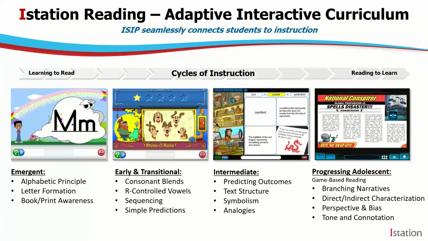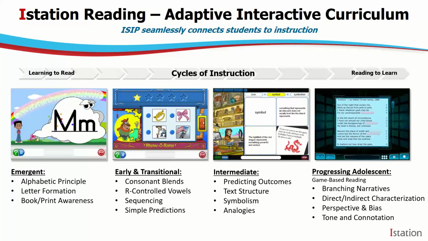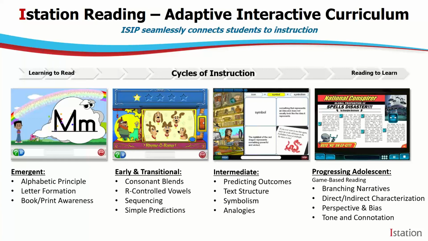Our cycles of instruction go all the way from cycle 0, which are pre-K foundational functional skills of literacy, all the way through what we call Timeless Tales and Next Level, which is end of middle school content. So we have content that spans from pre-K all the way through end of middle school.